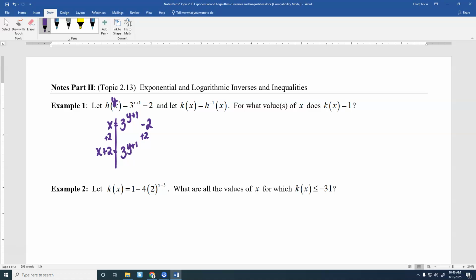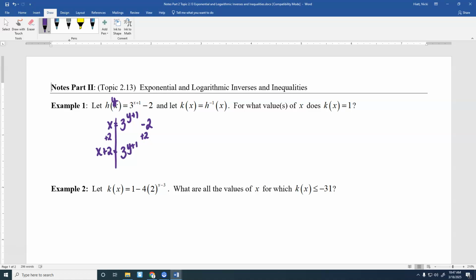Okay. So what do you think we should do next? We need to get to the exponent, so we need to get rid of that 3. Like the base has to go. How would we get rid of that 3? Log base 3.